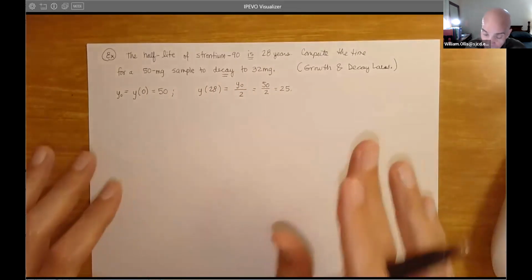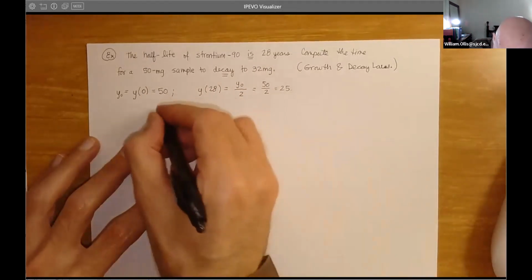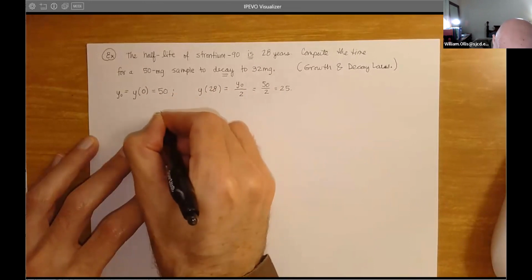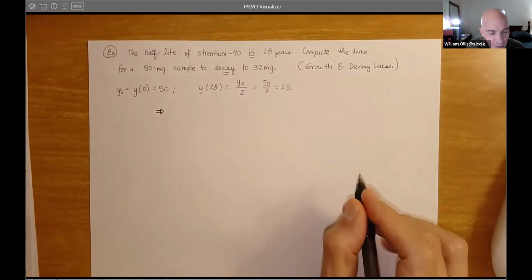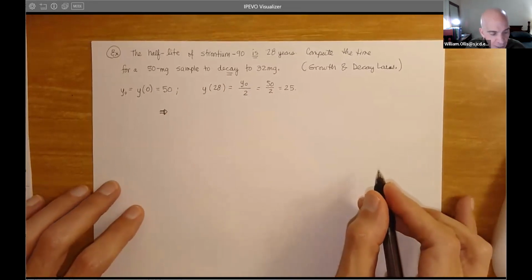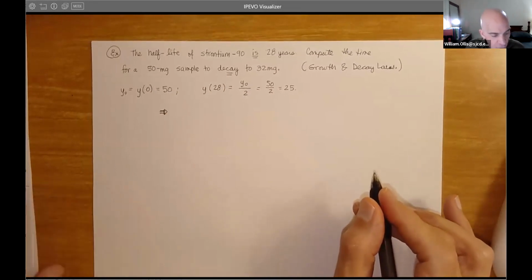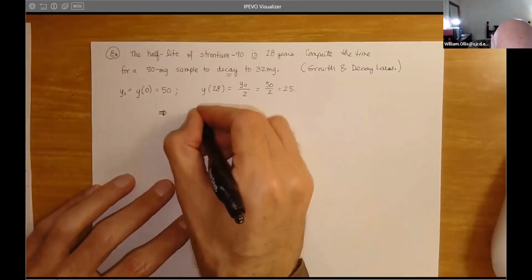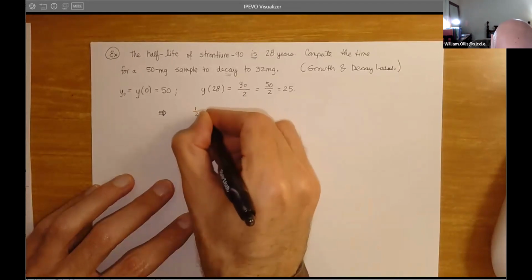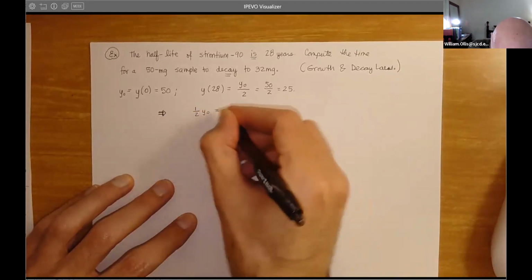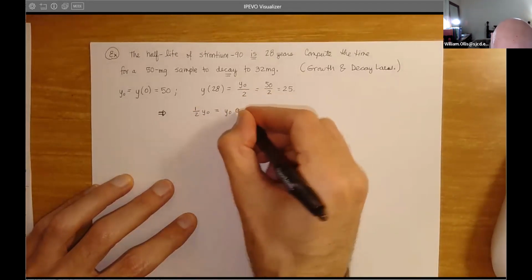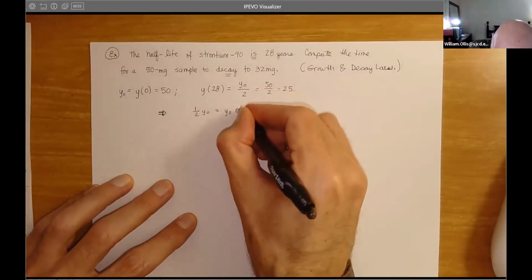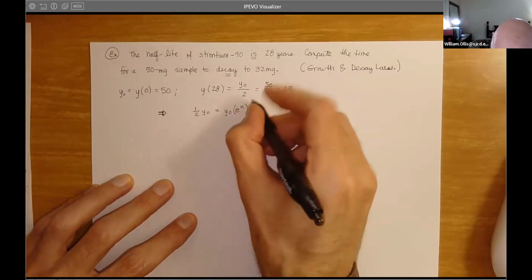And so now let's write the predictor. So this implies, in this particular case, and I think it's interesting if you think about it, we can actually solve for our basic predictor. So we've got what? 1/2 y naught equals y naught e to the k raised to the 28.